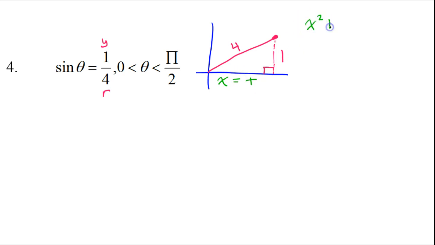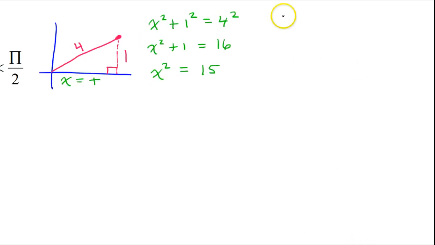So x squared plus y squared is equal to the radius squared. So x squared plus 1 is equal to 16. So x squared is equal to 15. So x is equal to plus or minus the square root of 15.